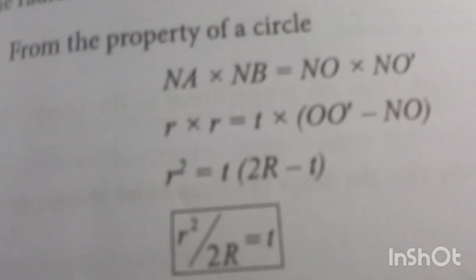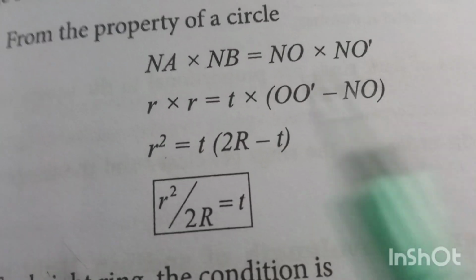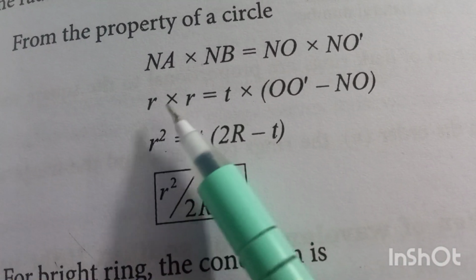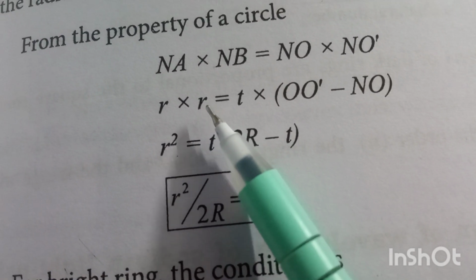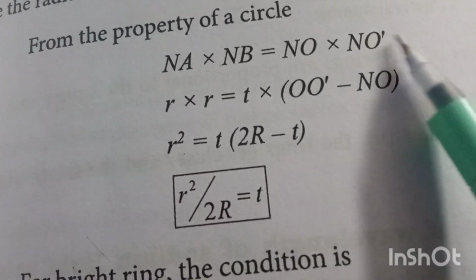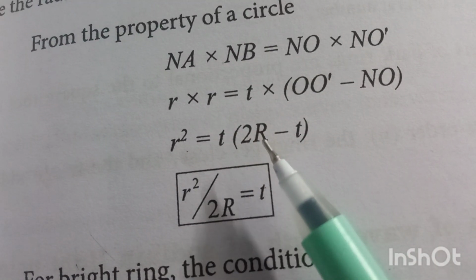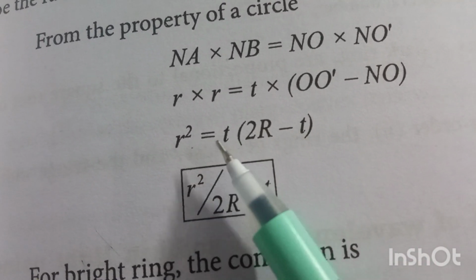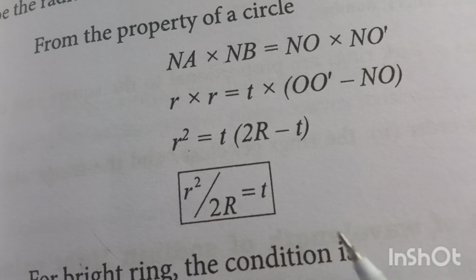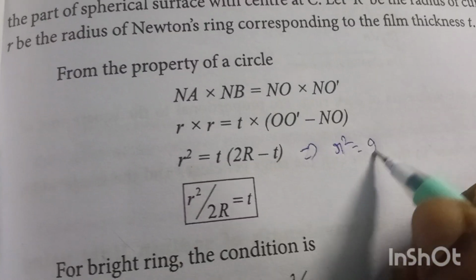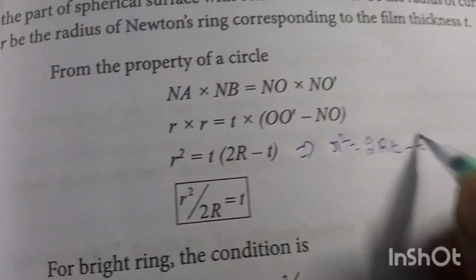So we can write NA into NB is equal to NO into NO dash. So r into r, since NA is r and NB is also r from the diagram, and NO is equal to t. NO dash is R plus R, that is 2R minus t. So we get r square is equal to t into (2R minus t). So r square is equal to 2Rt minus t square.